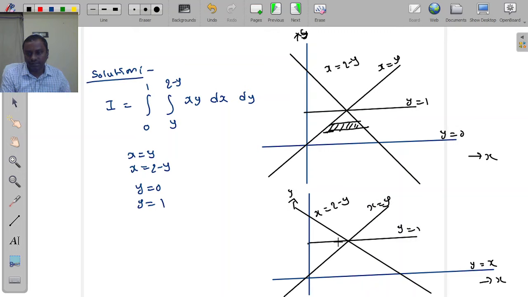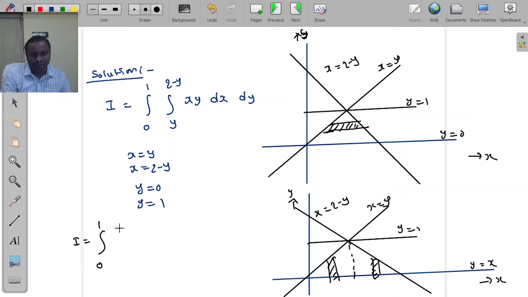Now we need to change the order of integration. We need to split this area into two parts. Here we take one strip, and here we take another strip. Now how do we write this? In the first case, x limits are fixed, from 0 to 1.